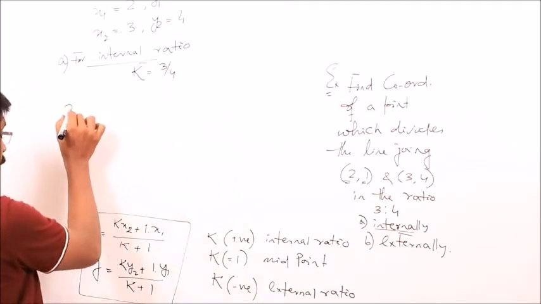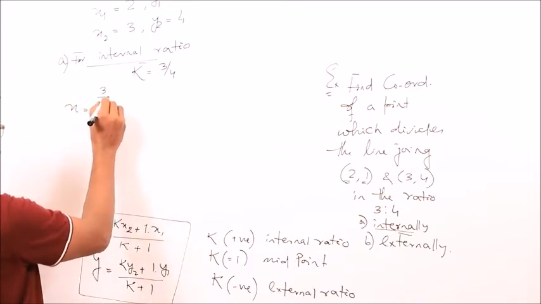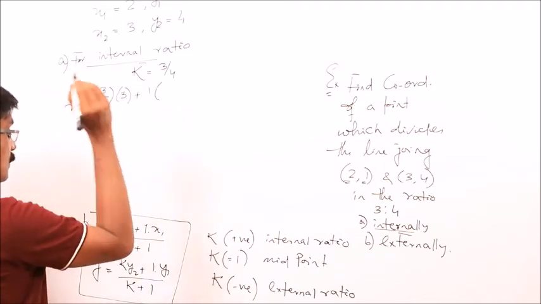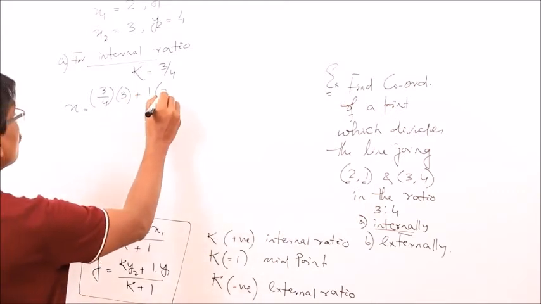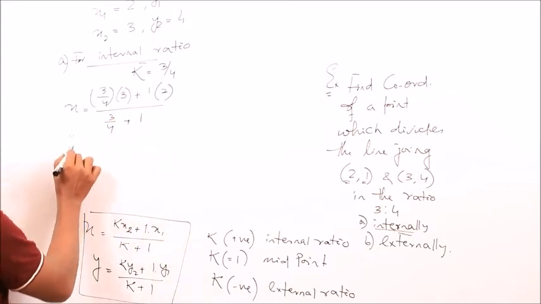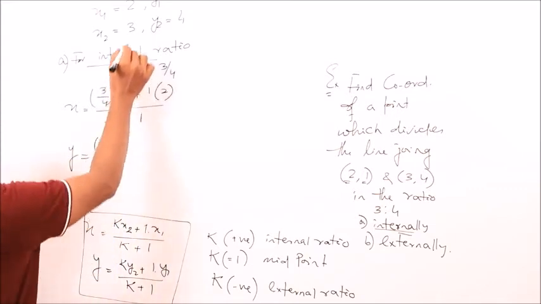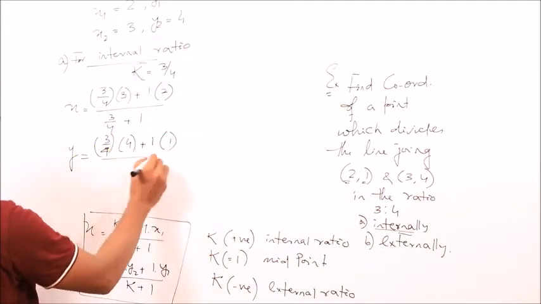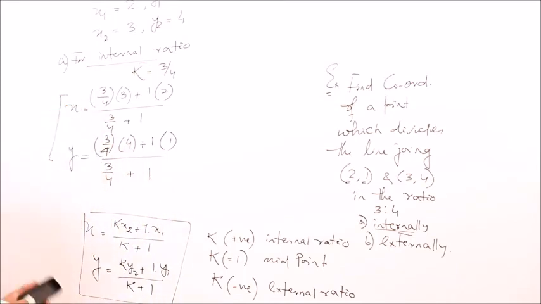So the point will be x is equal to k into x2, that is 3/4 into 3 plus 1 into 2 divided by 3/4 plus 1, and y is equal to 3/4 into y2, that is 4 plus 1 into 1 divided by 3/4 plus 1. So this is called internal ratio.